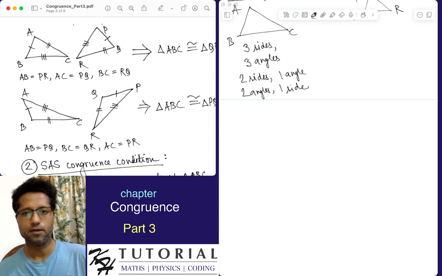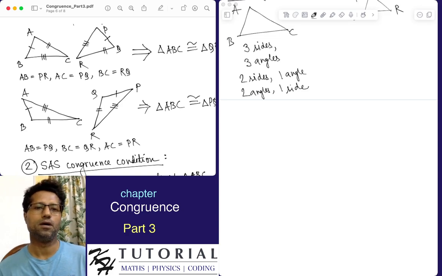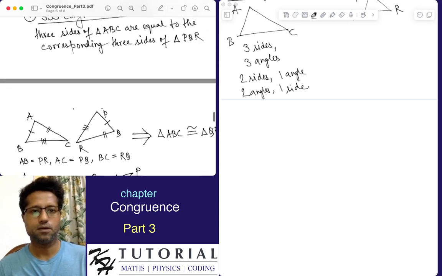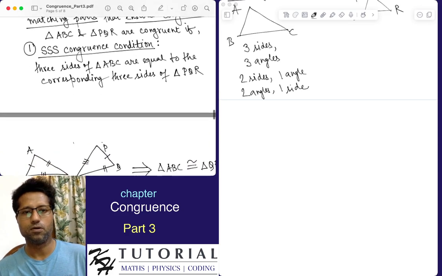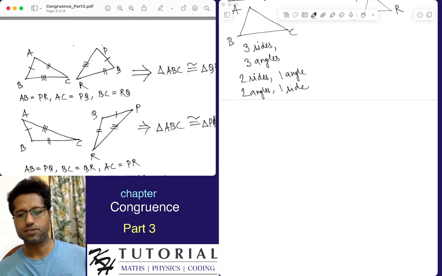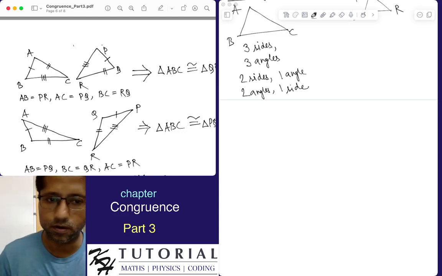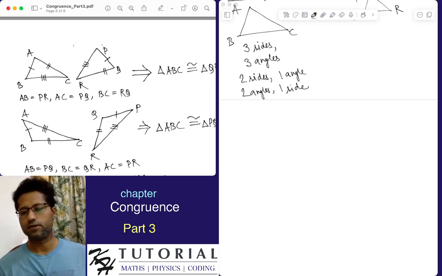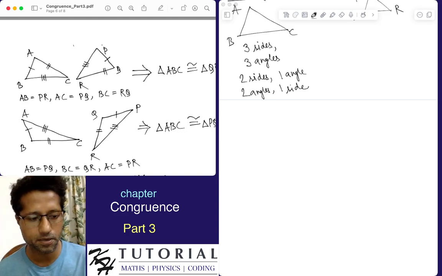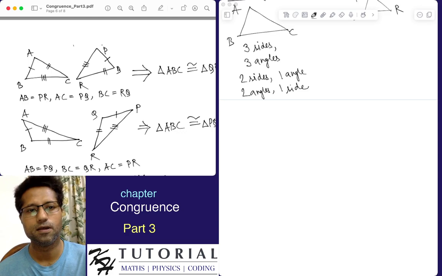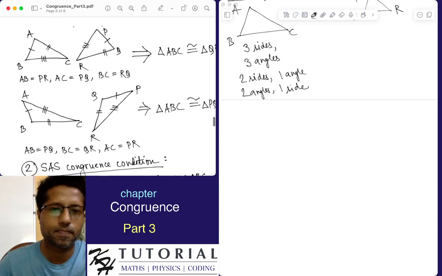That is the ordering in the congruency, the ordering of the letters ABC or PQR. So this was SSS congruence condition. That is, if you verify that 3 sides of one triangle are equal to the 3 corresponding sides of the other triangle PQR, then they are congruent.